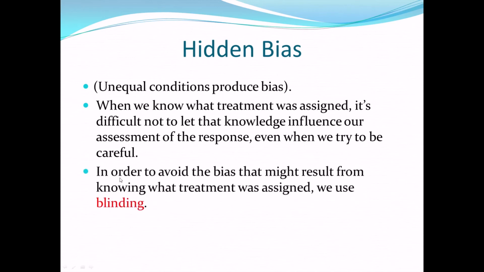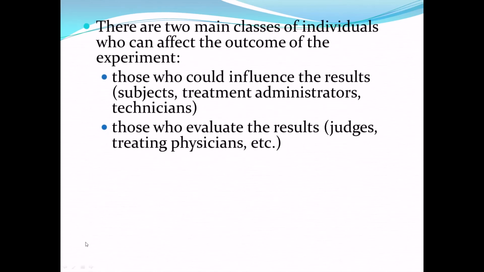So in order to avoid the bias that might result from knowing what treatment was assigned, we're going to end up blinding, not literally, but we're going to rob those people involved in the experiment of the knowledge of what treatment goes to whom. All right, so there's a little bit of complexity to blinding, not much. There are two main classes of individuals who are involved in these experiments.